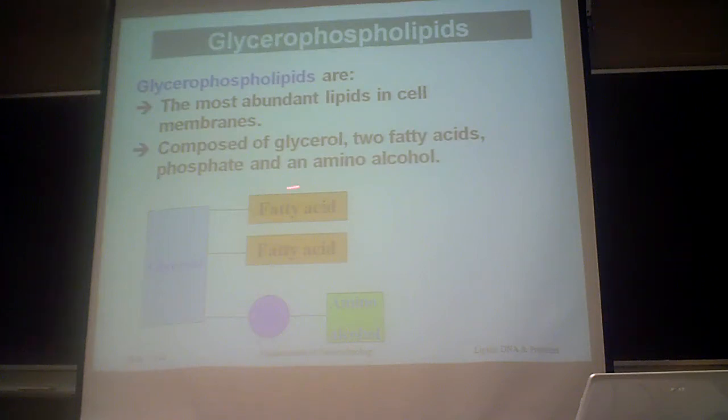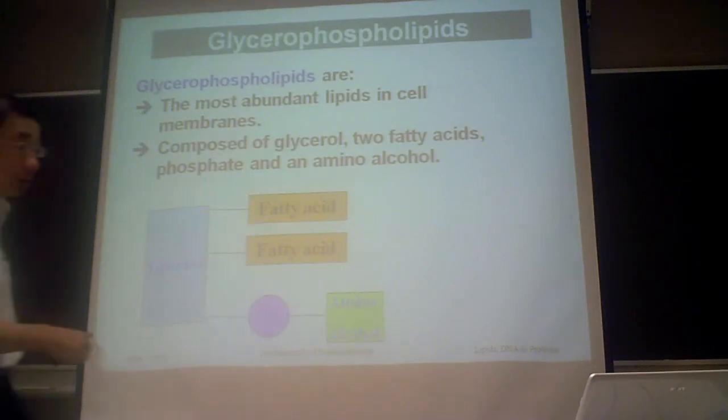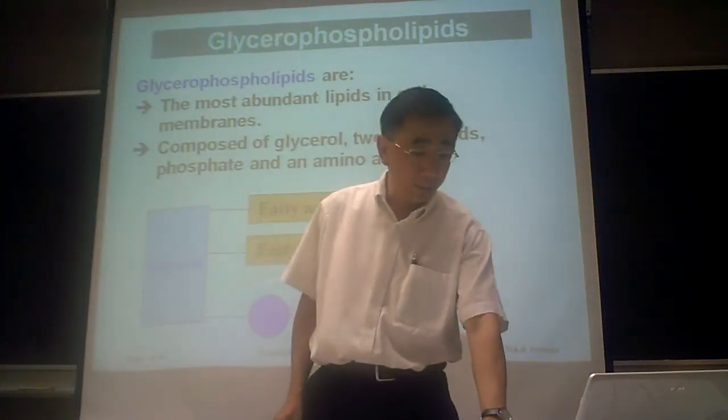Okay, so two of these, the two-tail phospholipid, and then at one end you attach phosphorus and amino alcohol. So that gives the charged hydrophilic group. So now this glycerol is basically a connector. It connects the hydrophobic tail and the hydrophilic charged group. Okay, so this is a very, very important lipid in the construction of the cell membrane.